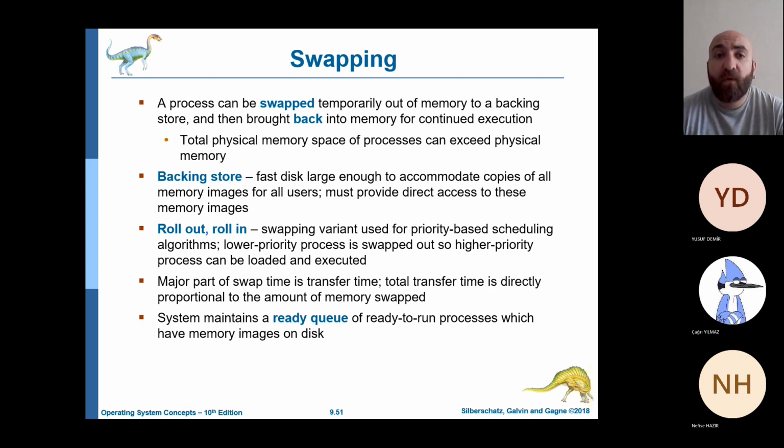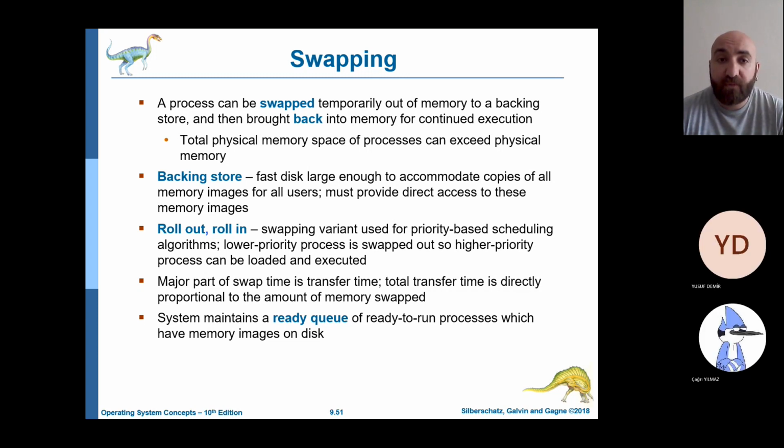When a process or part of a process is swapped to the backing store, the data structures associated with the process must be written to the backing store. For a multi-threaded process, all per-thread data structures must be swapped as well. The operating system must also maintain metadata for processes that have been swapped out, so they can be restored when they are swapped back into memory.